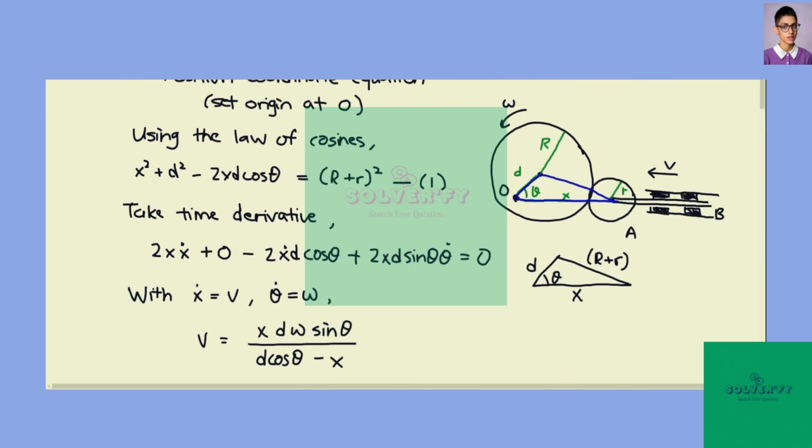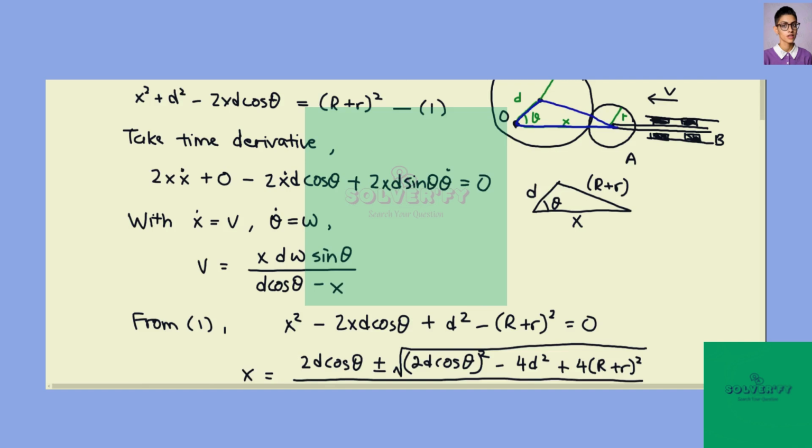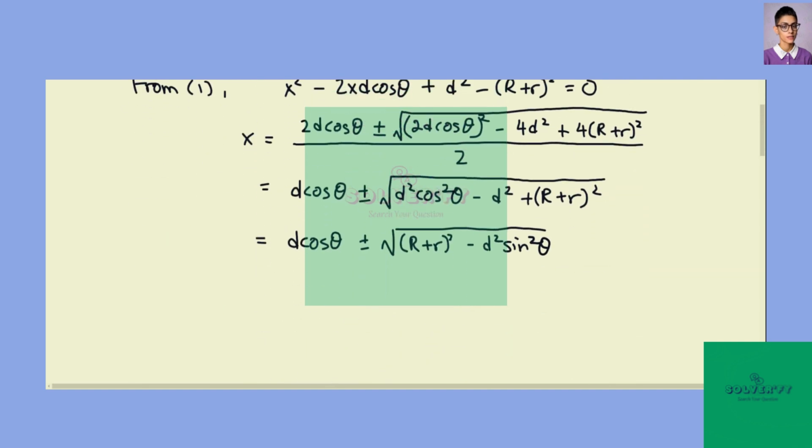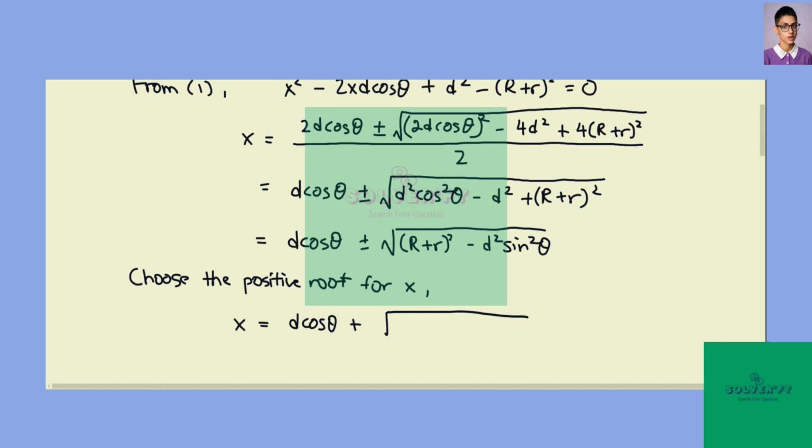Based on the diagram, I'm going to choose the positive root for x. So x is equal to d cosine theta plus the square root of (R plus r) squared minus d squared sine squared theta.